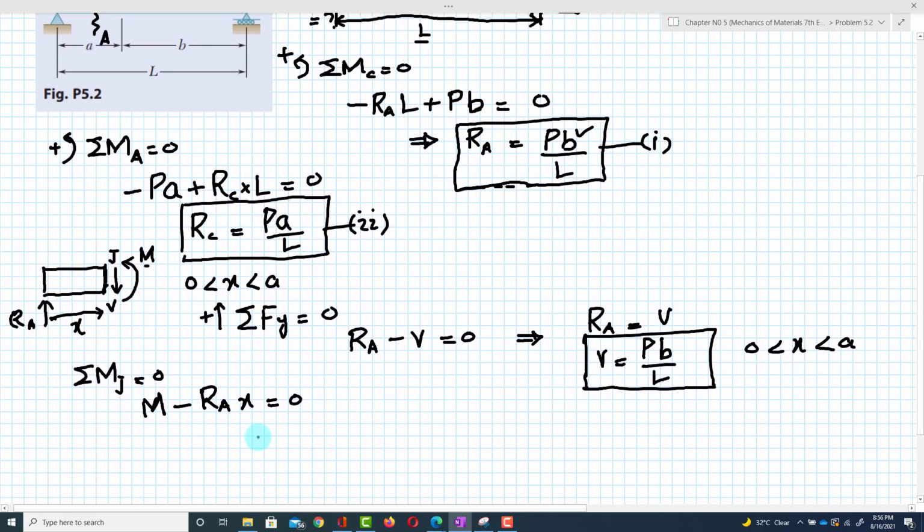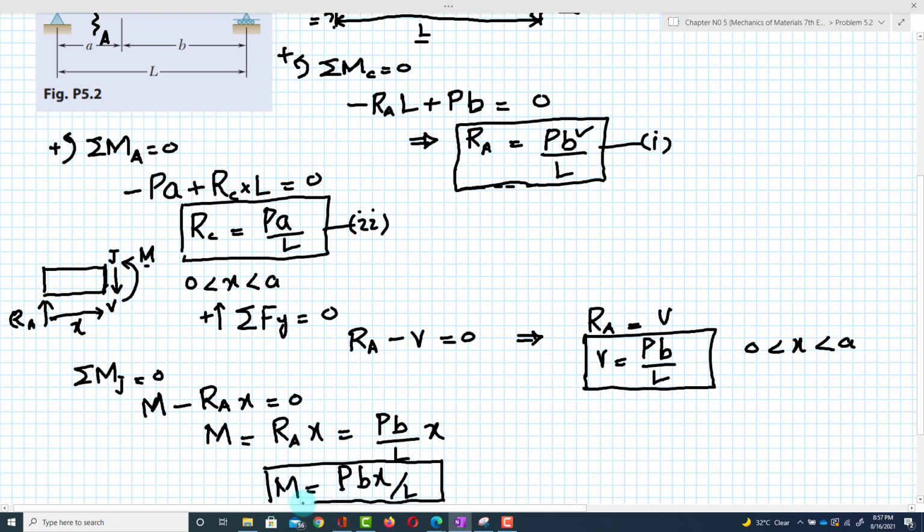If you solve this, M will be equal to RA into x, and this RA is equal to PB over L, into x. So the moment equation will become PBx over L. Now this is the moment equation, and it is valid for x greater than 0 and x less than A. So these are the two equations.